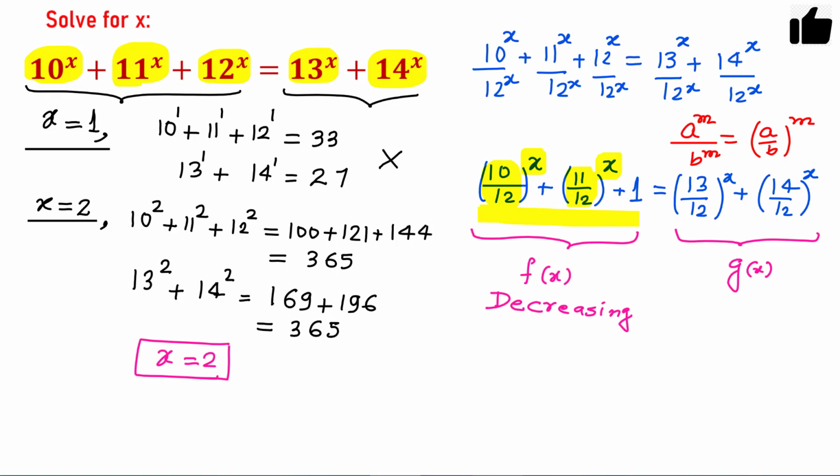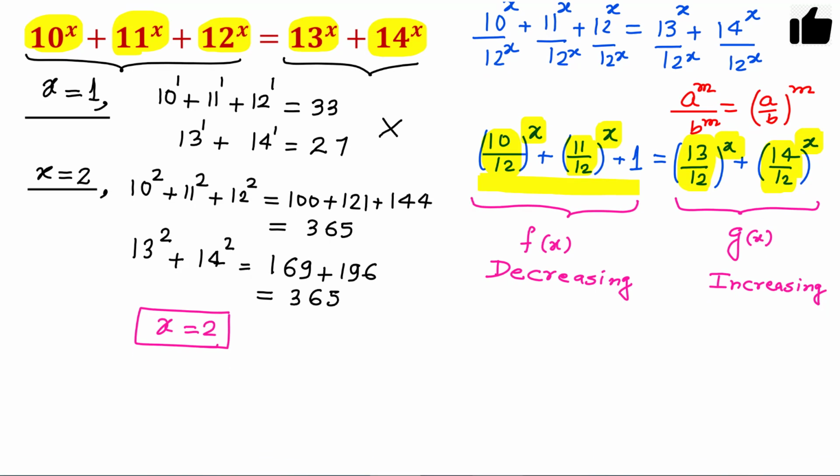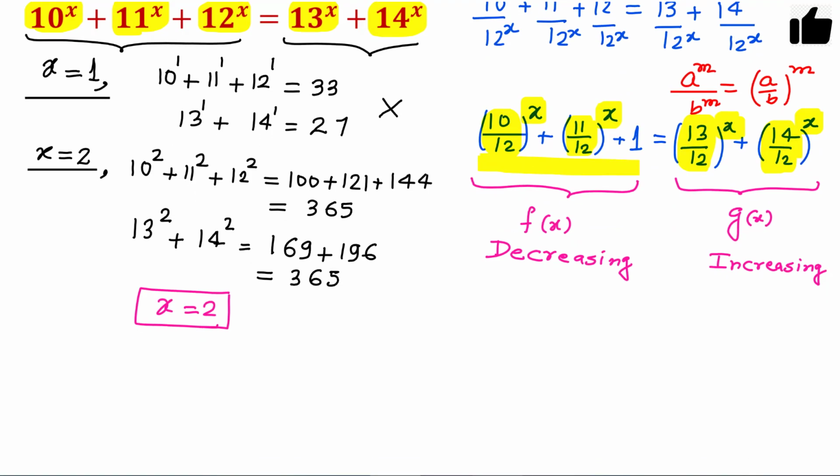And what about this side? This side you have a number that is greater than 1, and if you raise it to the power x, the number will increase. So as you increase x, g(x) will increase. This means this is an increasing function. So if you plot these two graphs, they are going to intersect at only one point.